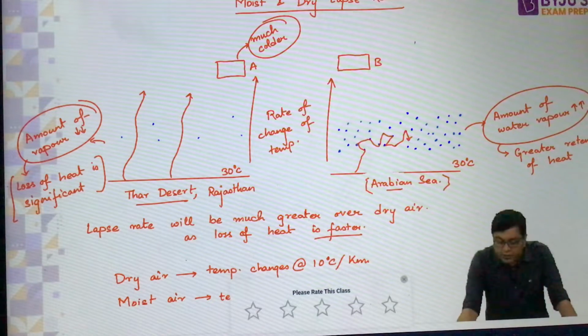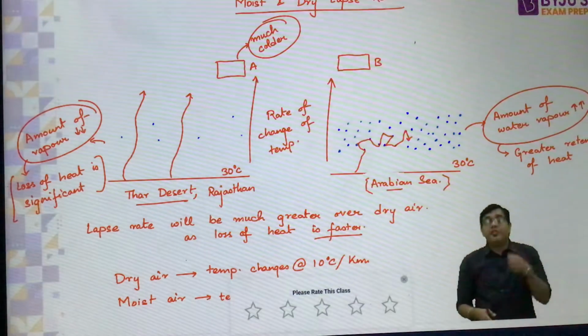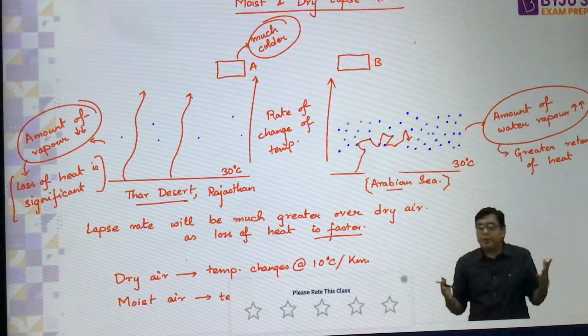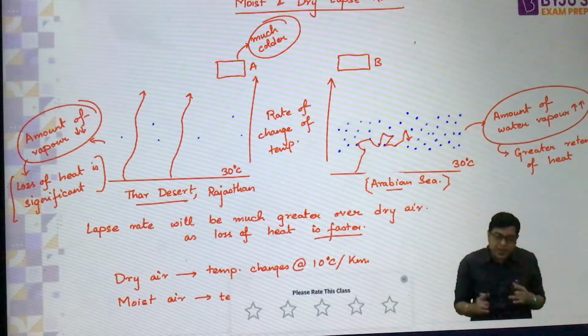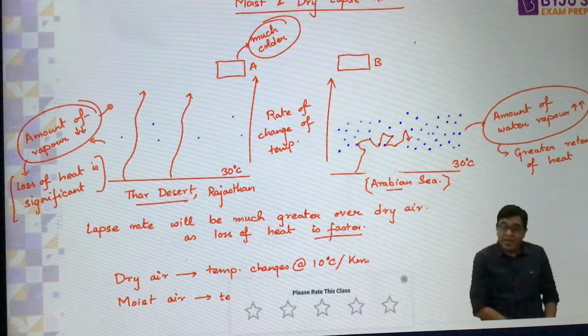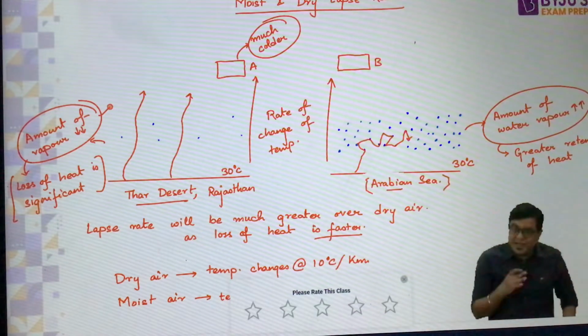Okay. So overall, why is the lapse rate greater over the region of dry air? Because the rate at which the heat is being lost will always be humongous in the case of dry air. Why? Because the amount of vapor present will be less. So there will be fewer materials present which can retain heat.